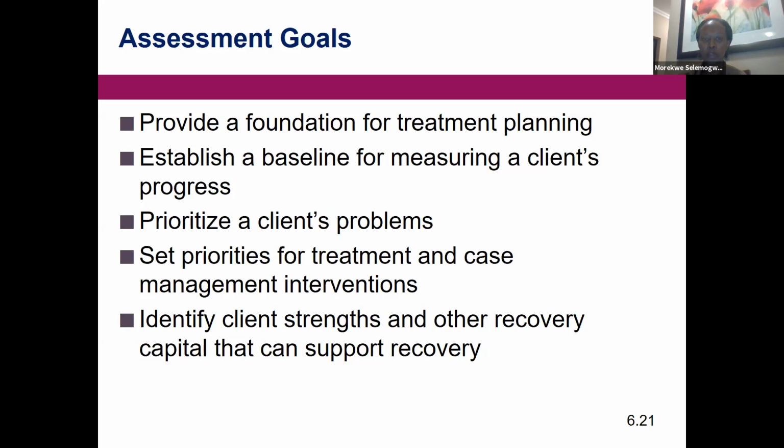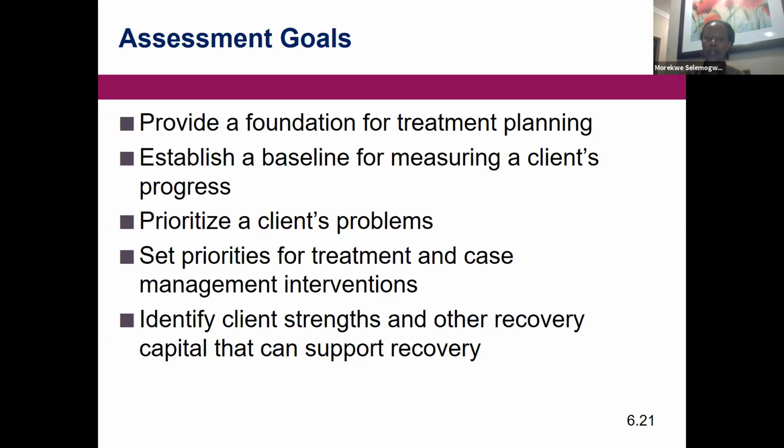It establishes a baseline for measuring clients' progress. So when our clients come, they are at a certain level, and the information that you gather would be a basis of where you start. And therefore it helps in going back to see whether there has been progress or not.